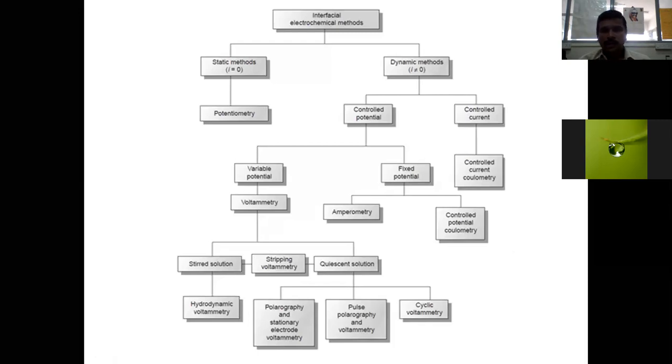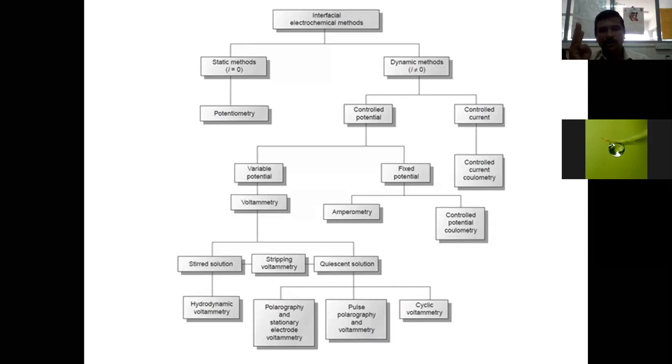So let us outline the classification of electroanalytical methods. They are classified into two types: bulk methods and interfacial methods. In bulk methods, the whole property of the bulk of the solution is measured. That's why they are called bulk methods. For example, conductometric analysis: the conductance is due to the overall ions present in the solution.